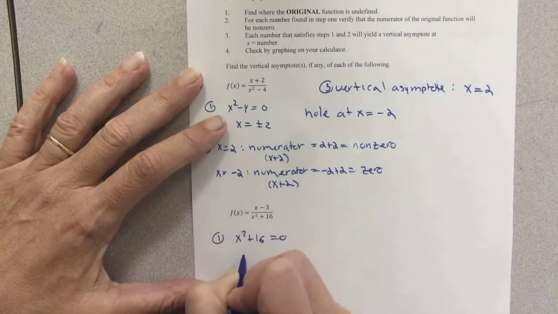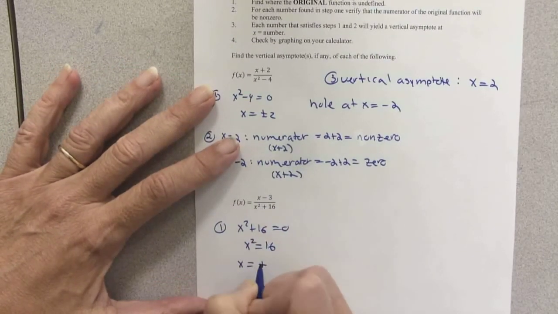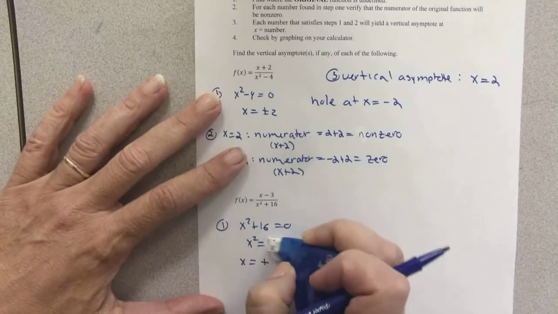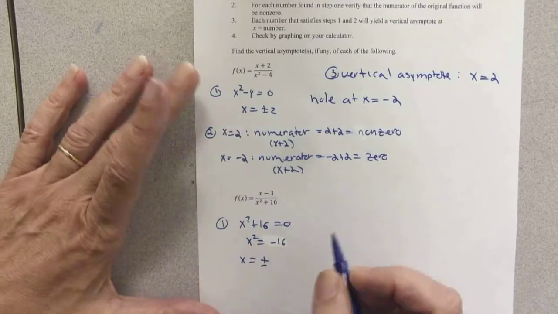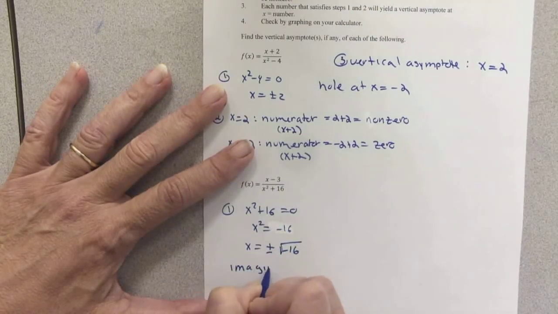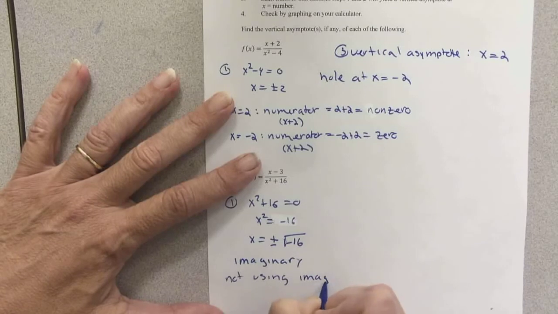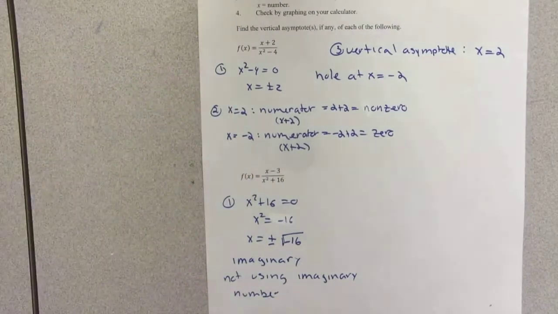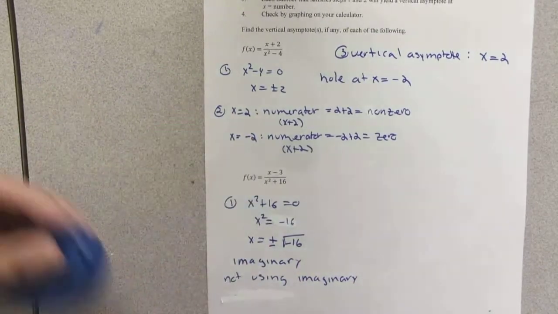So set that denominator equal to 0. And remember, I should solve it correctly. That's going to be negative 16. And so I'd get plus or minus the square root of negative 16, which is imaginary. And we are not using imaginary numbers.